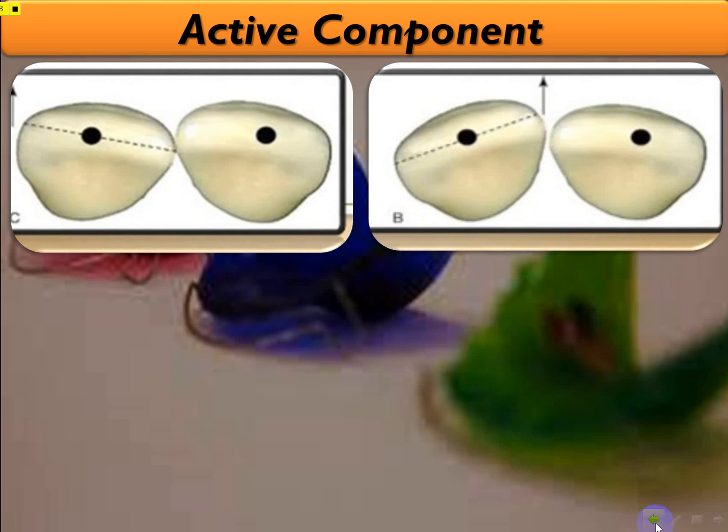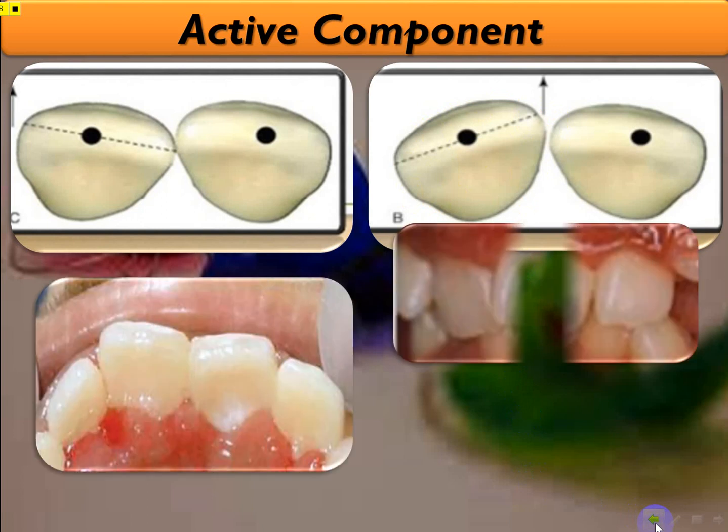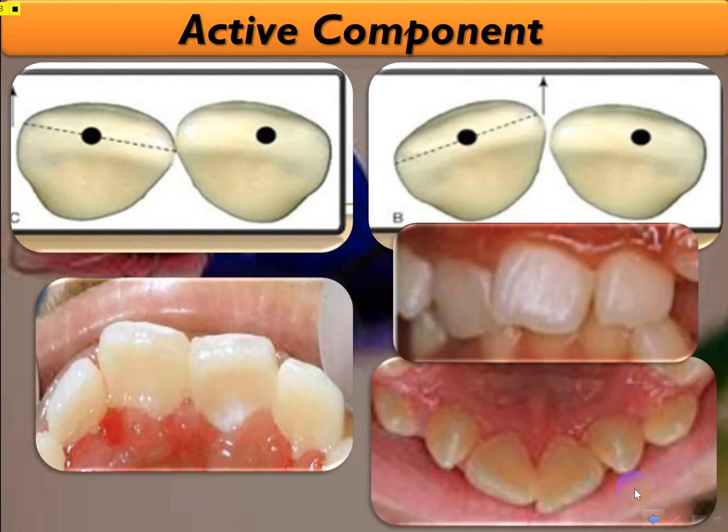Now, what happens when we have two teeth in rotation instead of one tooth? Of course, we will use a recurved Z spring instead of Z spring. This is the answer of most of you.